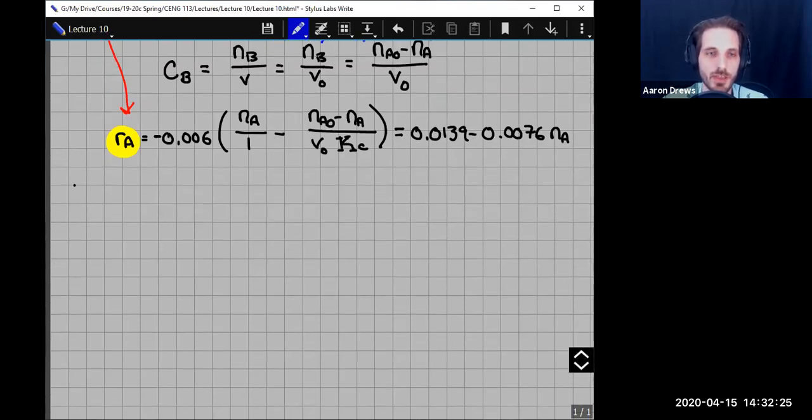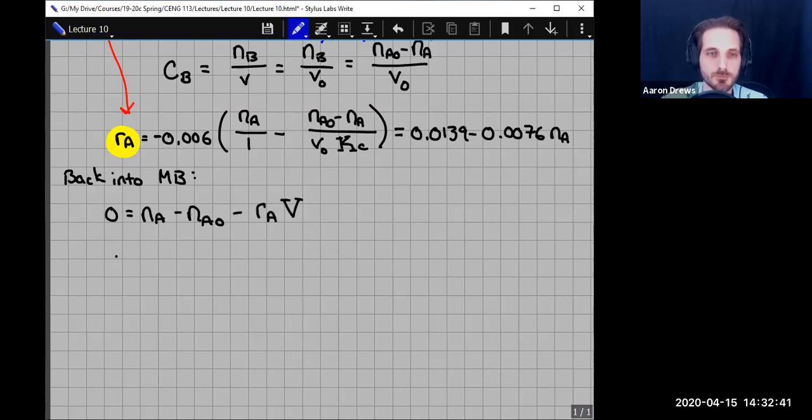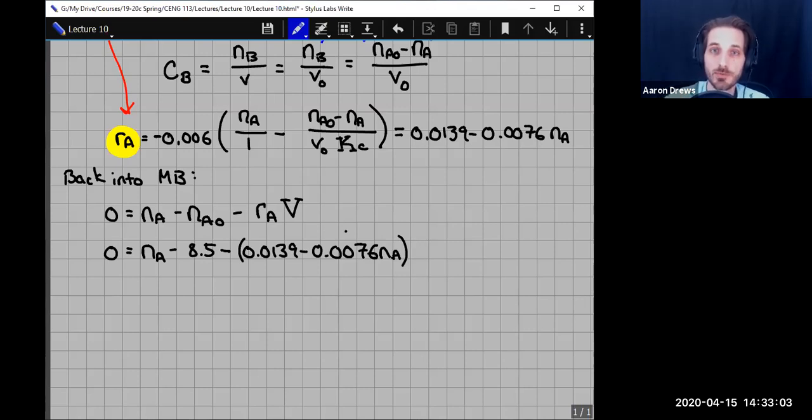So now we substitute all of that back into the material balance. Right, remember that our material balance was this, R sub A V. If we substitute those numbers inside of there, we'll have N sub A minus 8.5 minus our R sub A, which is 0.0139 minus 0.0076 N sub A, times V. We have to be careful with our V here, right?